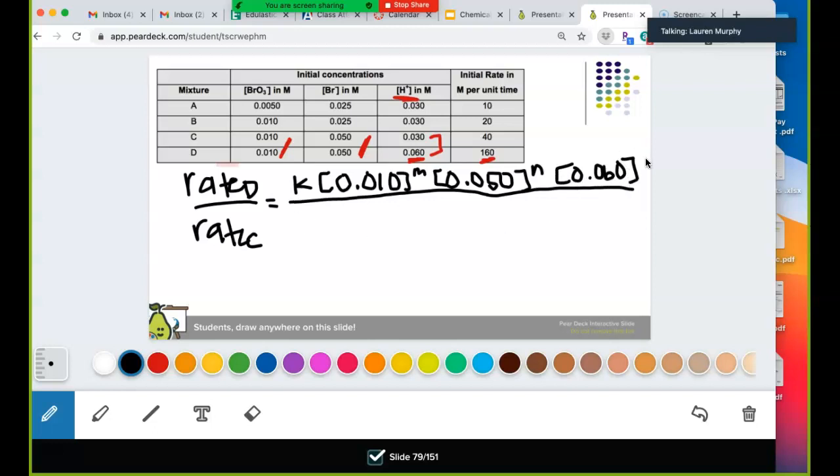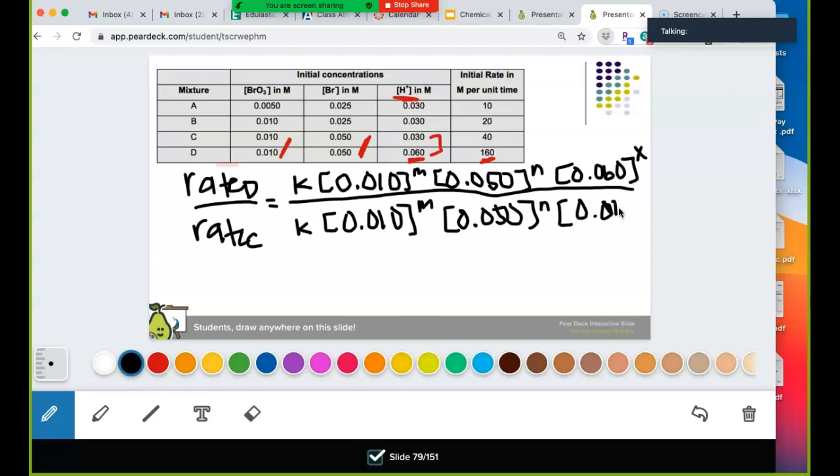And then I do it again for C. So I plug all of this info in for C. Rate equals K, some order, okay?